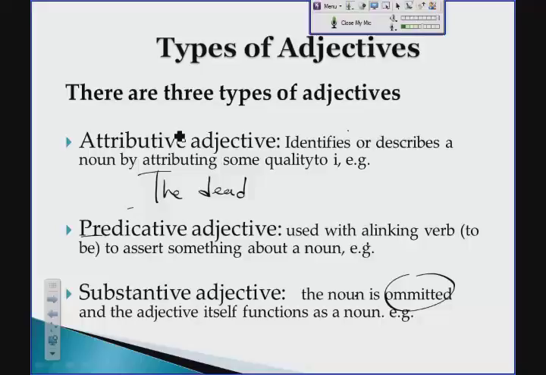Yes? How can we know if the dead is singular or it functions singular or plural? Okay, I will show you that, and it's also there in your book, on page 25. Many a time you will find it in plural or singular.